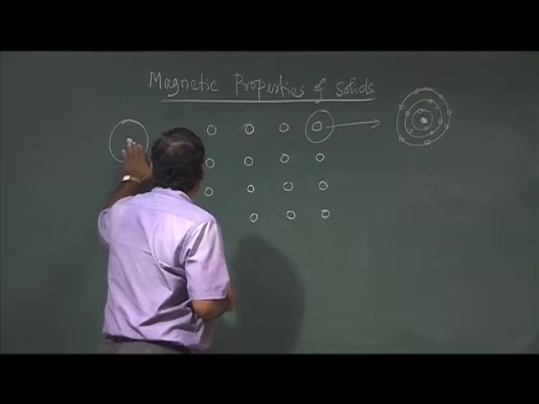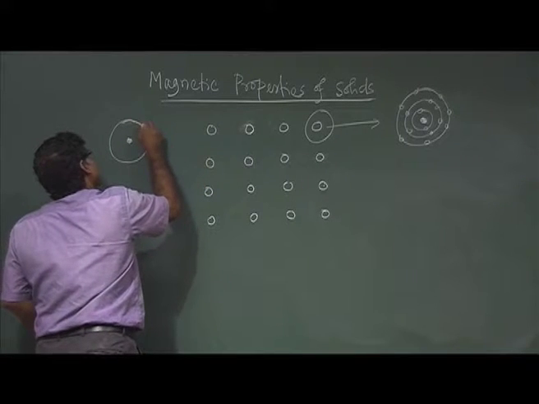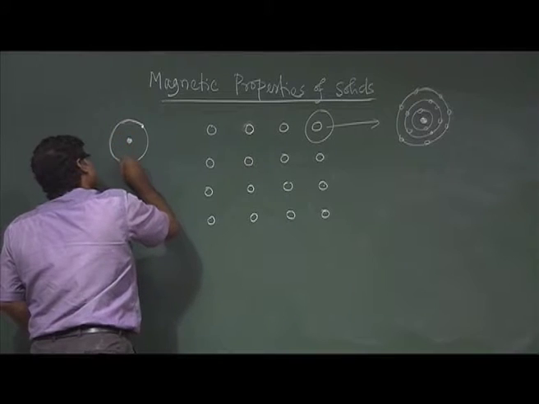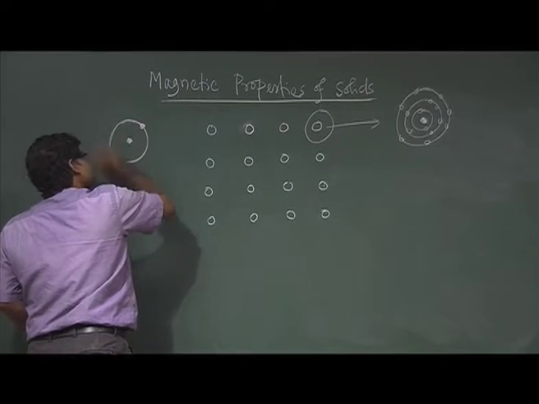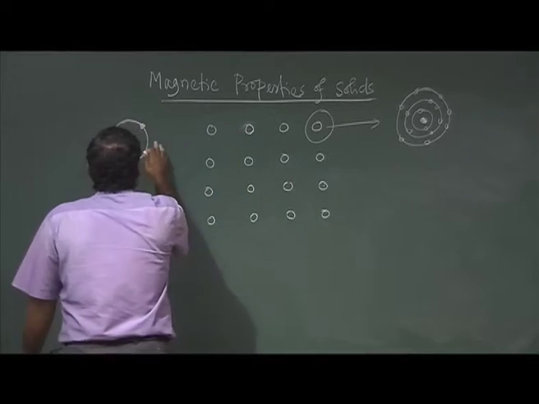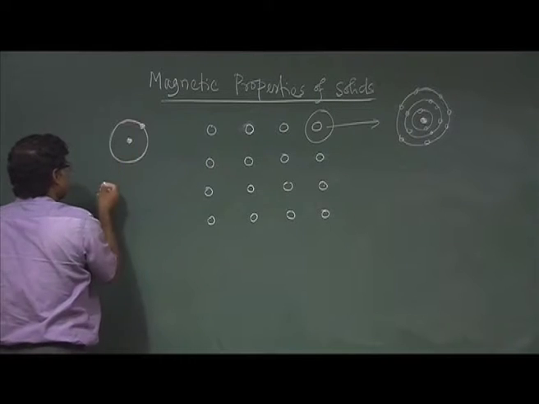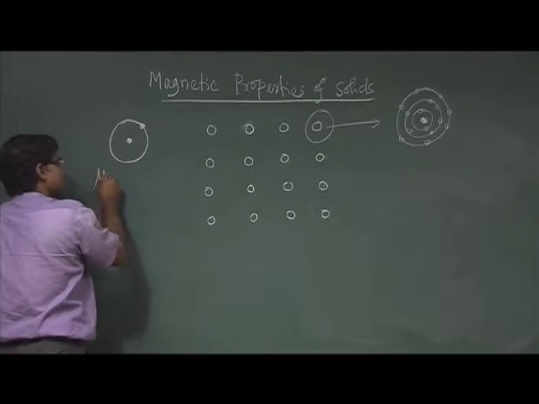So, due to the orbital motion of the electron, this will give a magnetic moment. For this orbital electron, I am writing mu again.